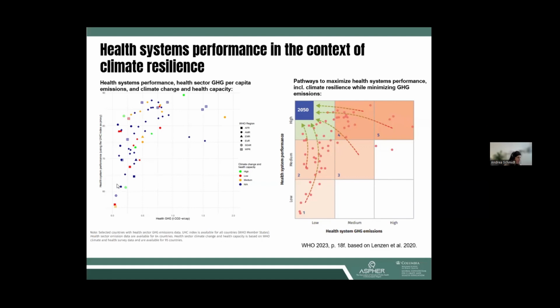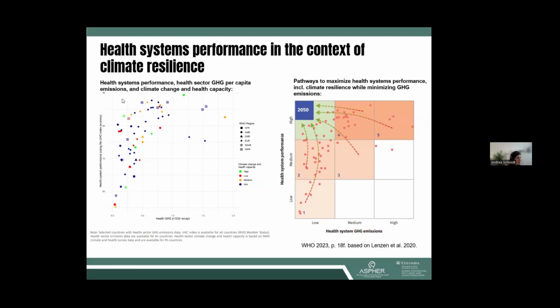We have here the green dots, these are the high income countries, and the red dots, sorry, these are countries with lower capacity. And we can see that in the health system performance index, which uses the overall capacity and gives us an overall level of the performance of the health system.